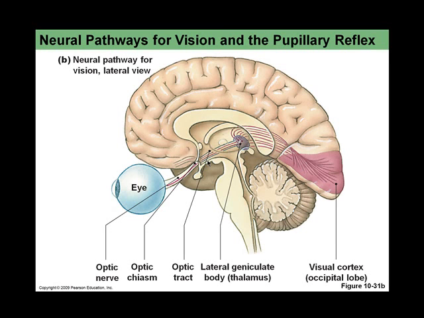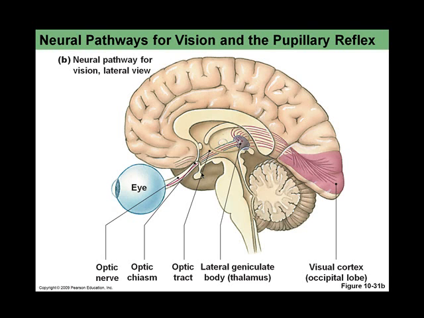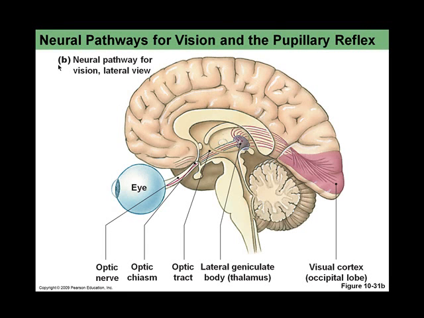So just to keep the anatomy of the structures in mind, these are somewhat idealized illustrations or cartoons of these structures. But let's follow the neural pathway for vision now from this lateral view, with a mid-sagittal section through the brain and the brainstem.